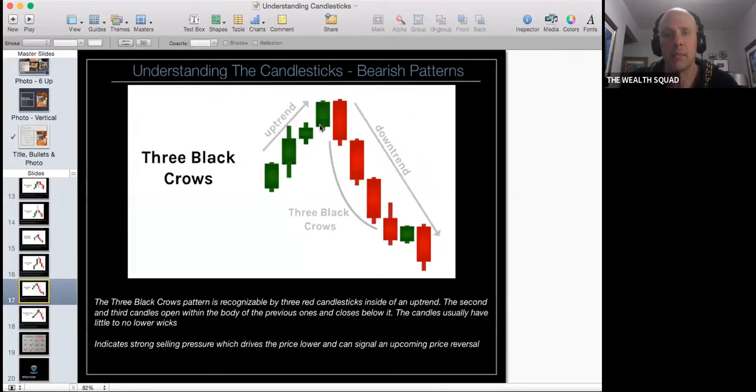Your second and your third candles are here. So you're essentially writing it further down. These candlesticks signify to you that it's a continuation of that downtrend, that it's going to continue into that trade itself.